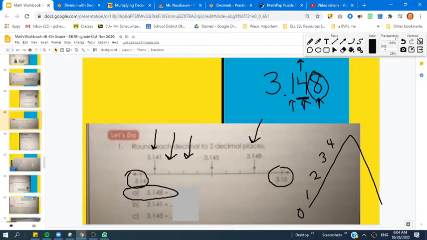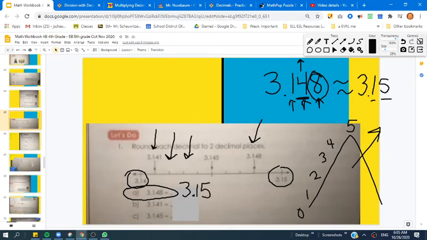Those are all going to stay the same. But if we have any number that's 5 or larger, that's going to go up. It's going to continue going up. So this is going to be approximately equal to 3 and 15 hundredths. Okay, we have tenths, hundredths. 3 and 15 hundredths. So this first number is going to be 3 and 15 hundredths.